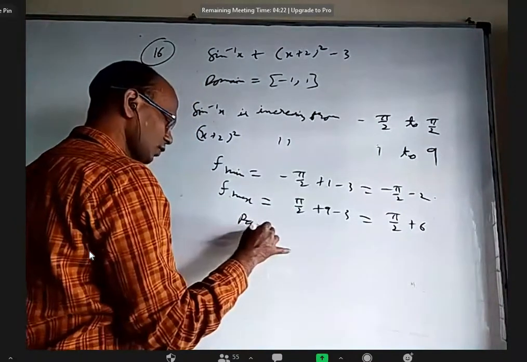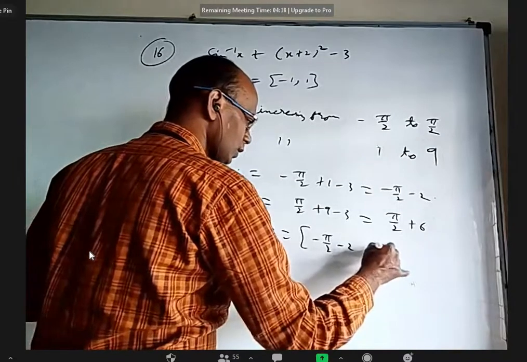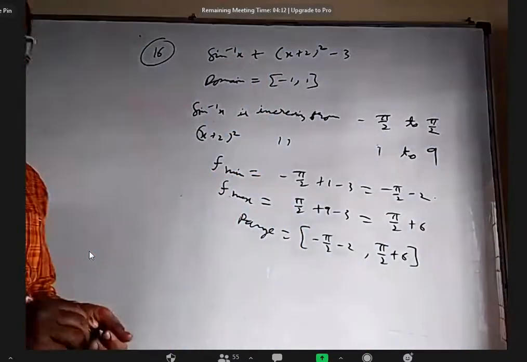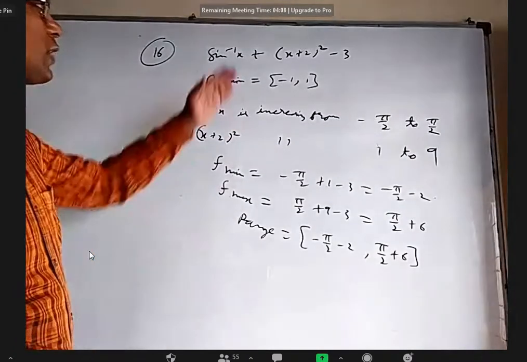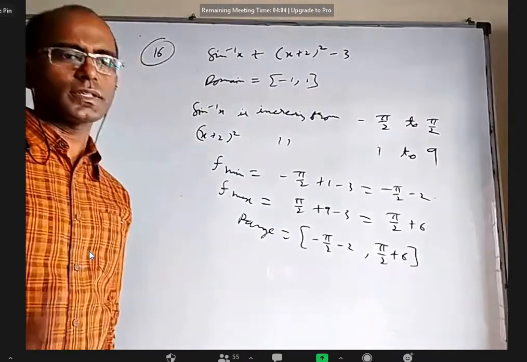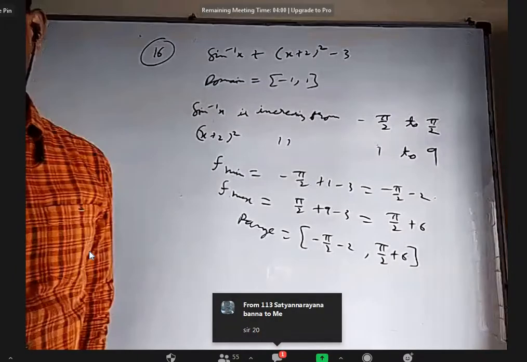So the range is from -pi/2 minus 2 to pi/2 plus 6. Mainly we are able to do this easily because we have a sum of two functions which are both increasing or both decreasing. If one is increasing, one is decreasing, we need better knowledge to do that question.